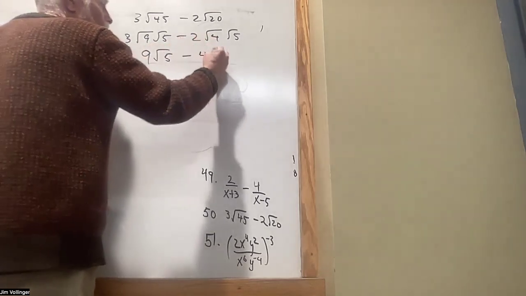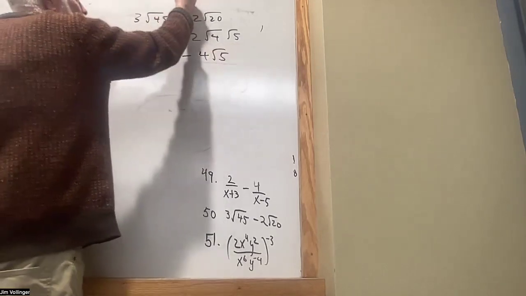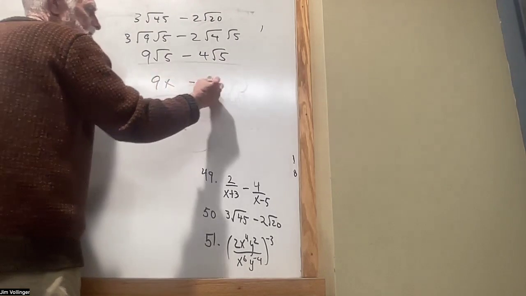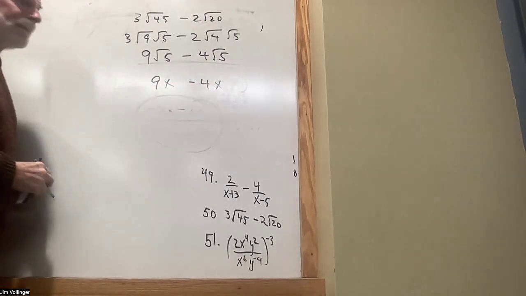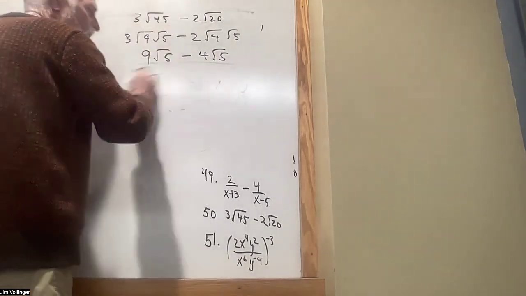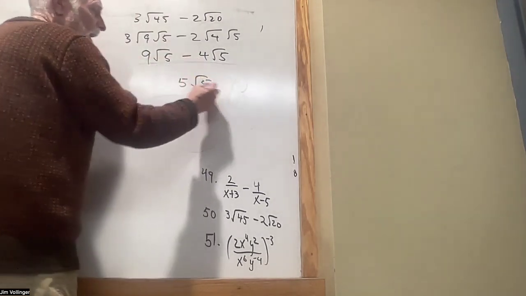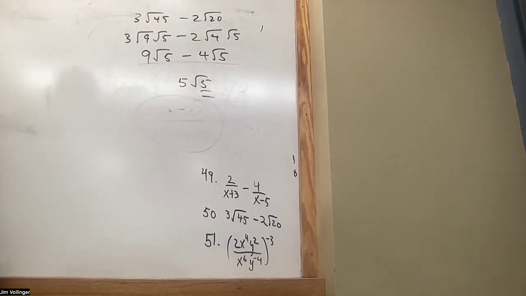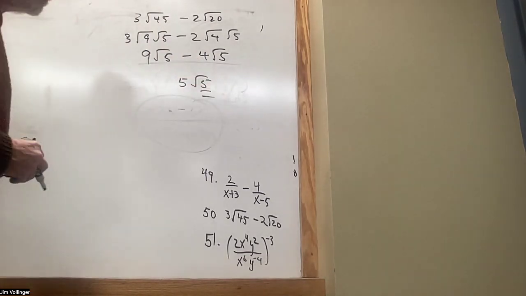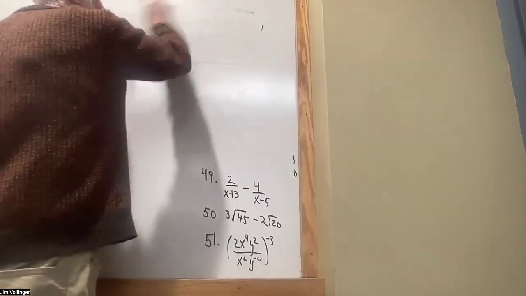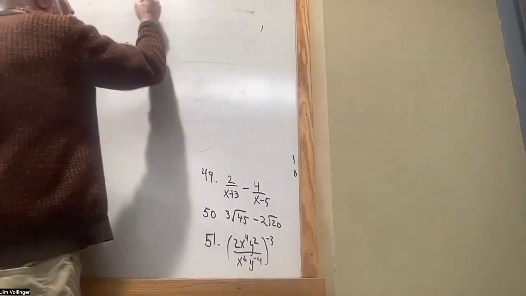So that's minus 4 root 5. And let's let x equal root 5 for a moment. That would give me 9x minus 4x. I hope you know what to do with that. Let's get rid of that. Call it square root of 5 again. 9 minus 4, 5 root 5. I haven't asked you to memorize root 5. If we didn't have calculators and computers, I would.